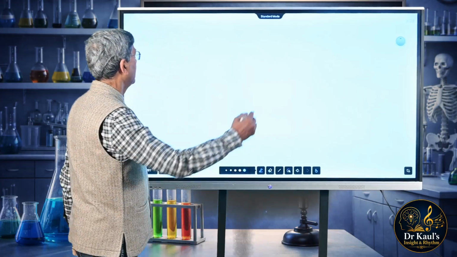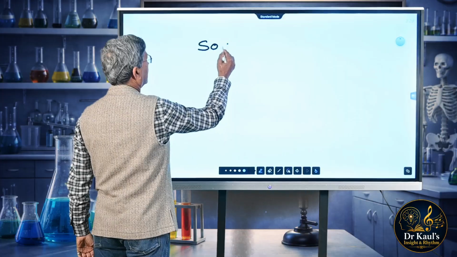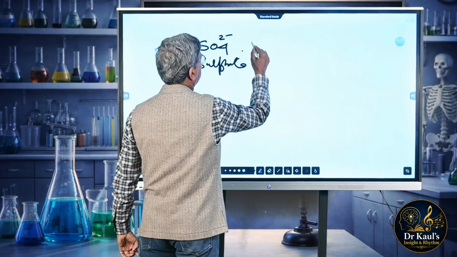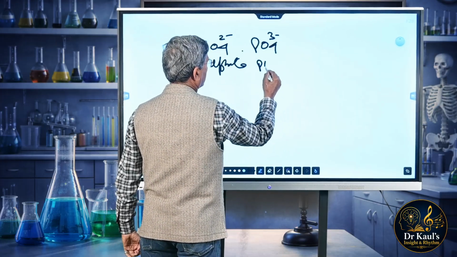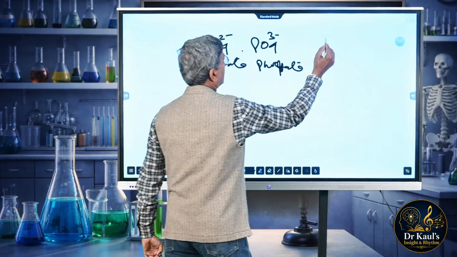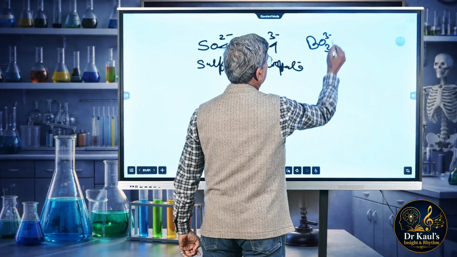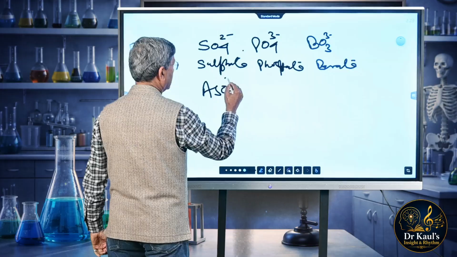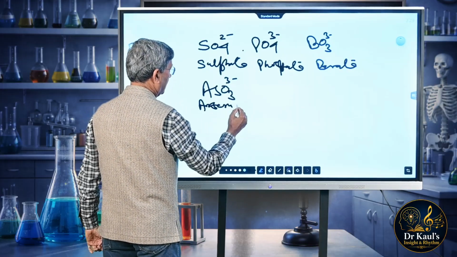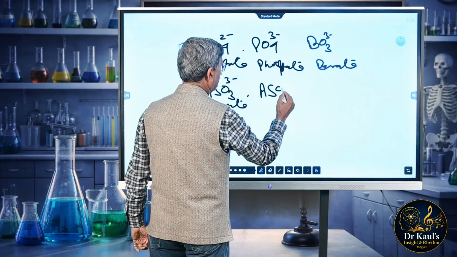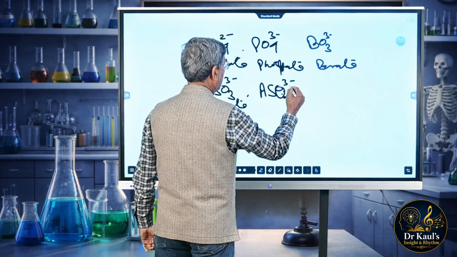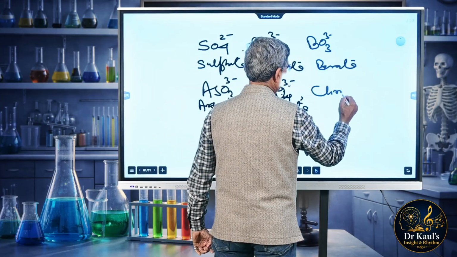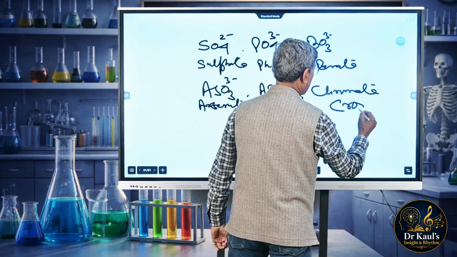These radicals include sulphate, then phosphate, then borate, then arsenite, arsenate, and chromate, that is CrO4 2 negative.